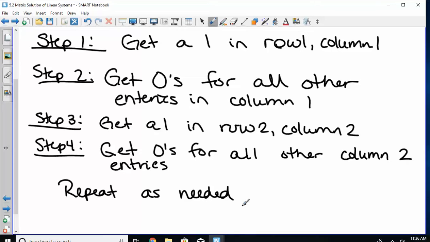And then you keep going as far as you need to. If you have a row 3, column 3, a row 4, column 4, you just work left to right there.